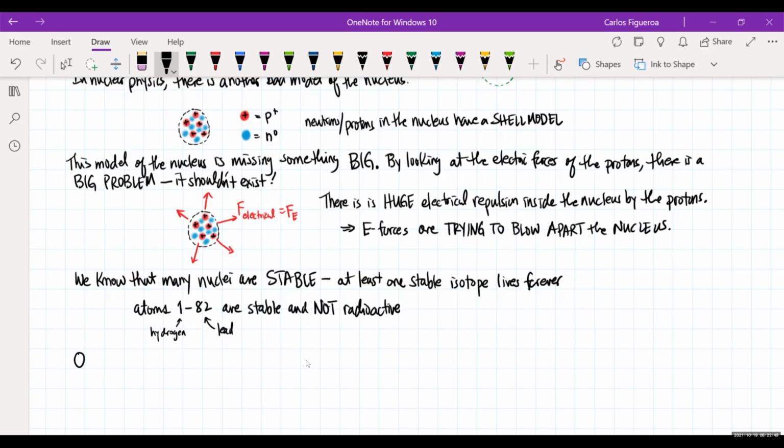So then it begs the question, why is the nucleus not blowing apart?